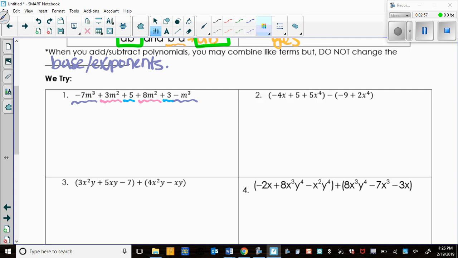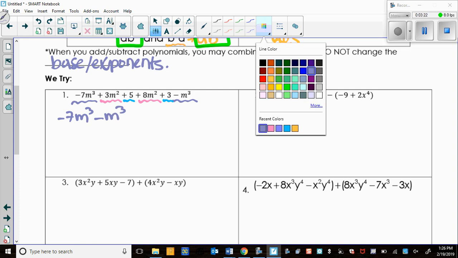So I'm going to show you this long version right now. I'm going to use the commutative property so that I can show you how I'm combining. You don't necessarily have to do this every single time, but it's always good to start at the beginning. So for the first one, I'm going to go ahead and combine everything that is alike next to each other. So I'm going to bring the negative m cubed next to another like term so that you can see.